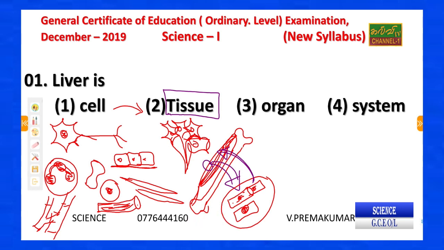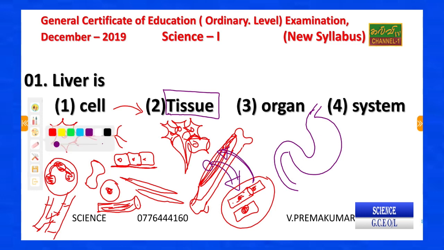Then consider the organ. Organ means, for example, I can remember the stomach as an organ. If you need to see the structure of the stomach, we find it is constructed by muscles.